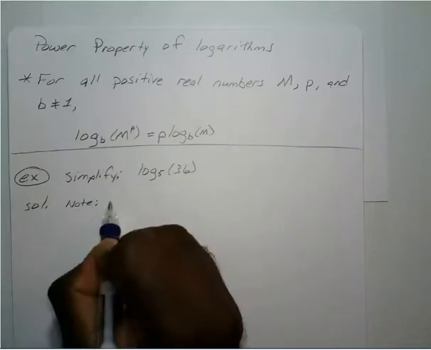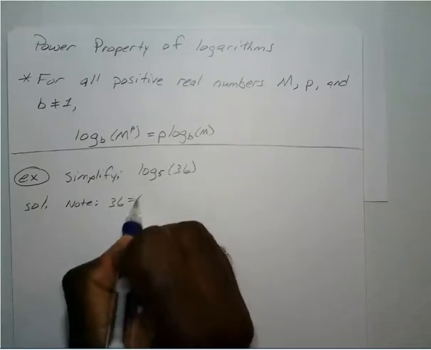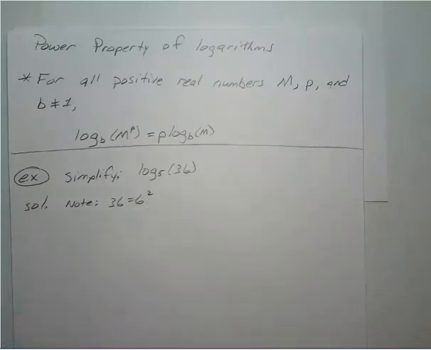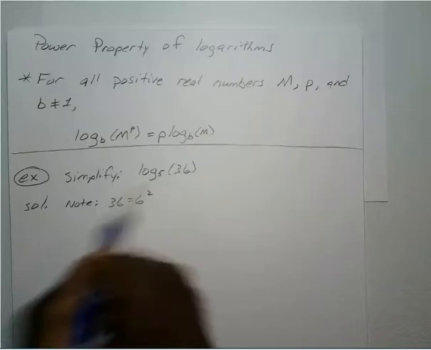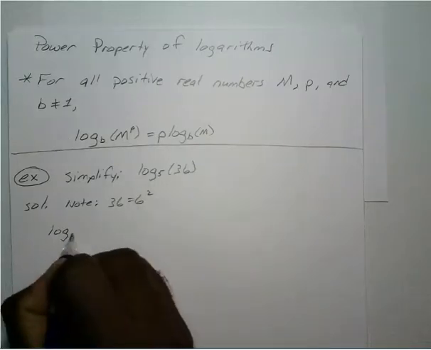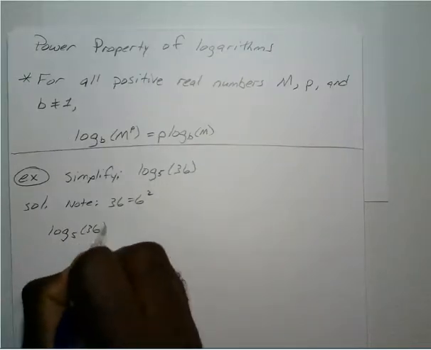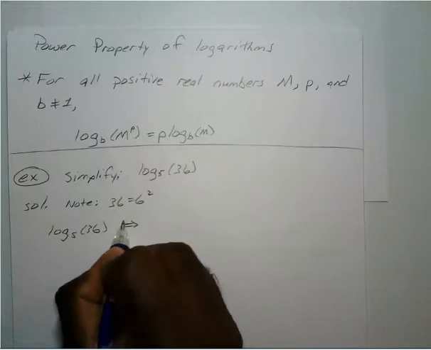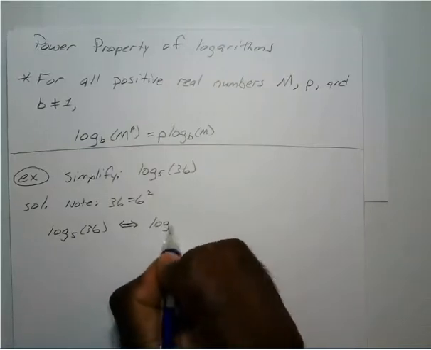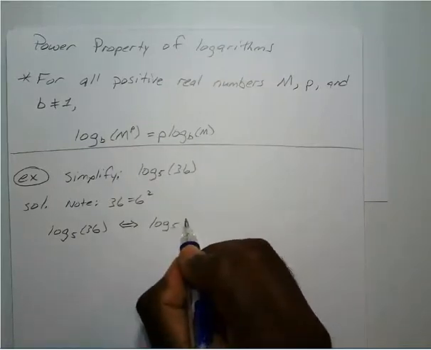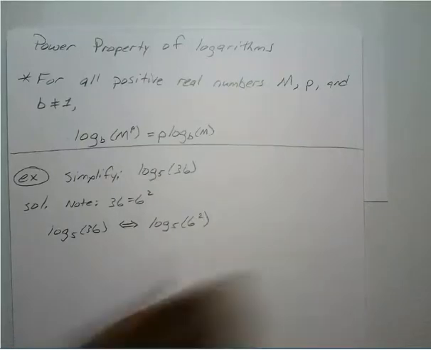You want to note that 36 is equal to 6 squared. So log base 5 of 36, well, that will just become log base 5 of 6 squared.